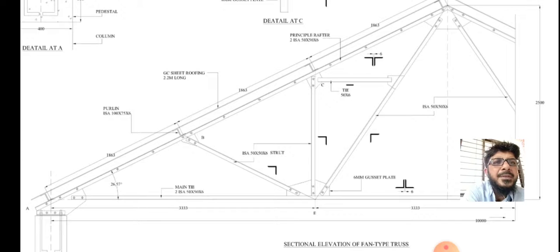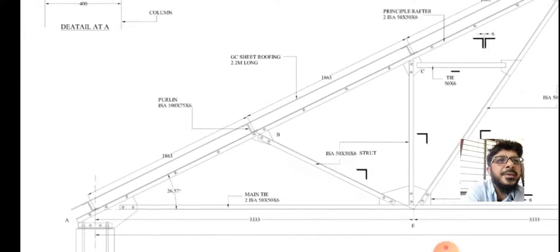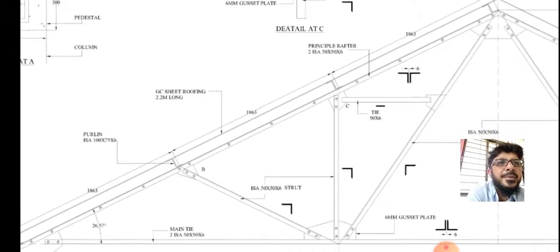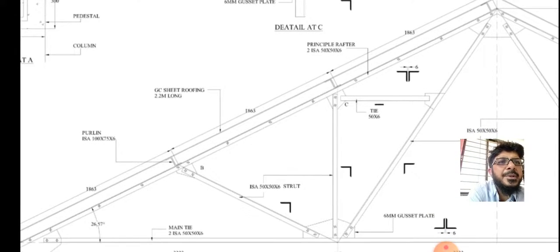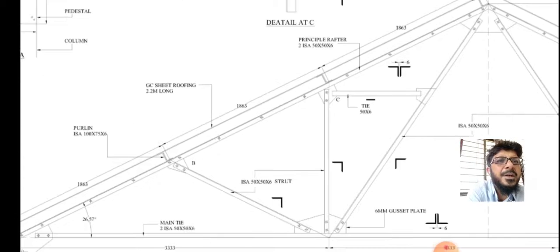We can see different components, like top chord members such as the principal rafter, and we can see the cross section of the principal rafter also.